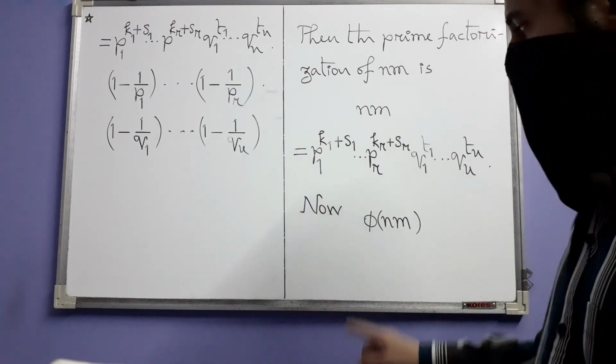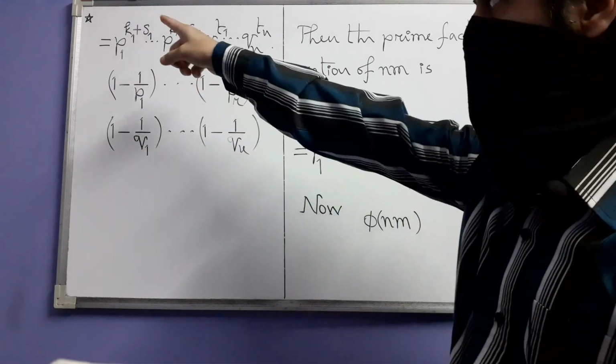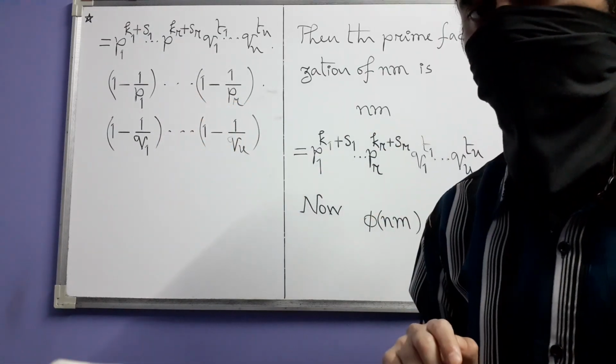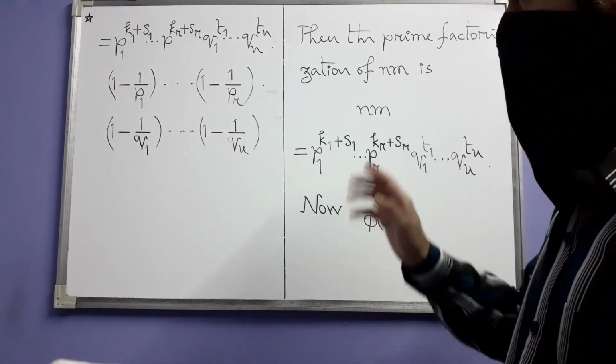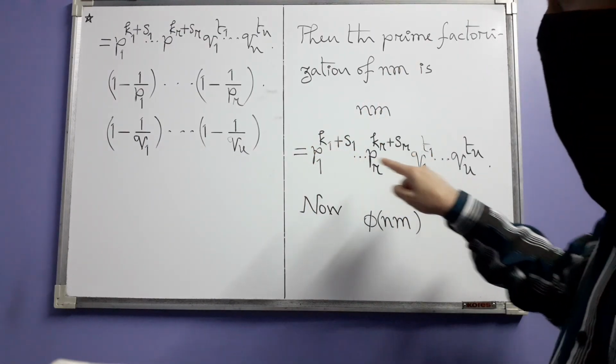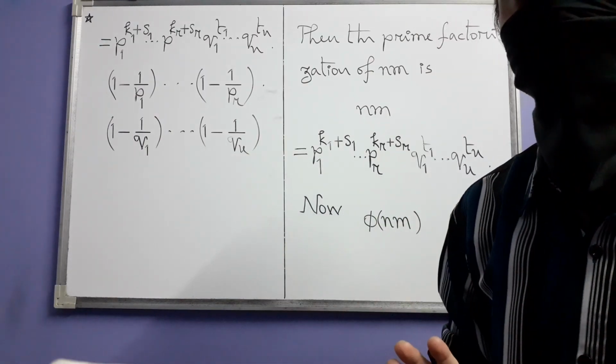And now we concentrate on phi of nm, which of course by formula is this. You write the number nm and then you multiply by this type of factors. This calculation is to be understood like this. If this part is present, then these factors are present, otherwise they are not present.